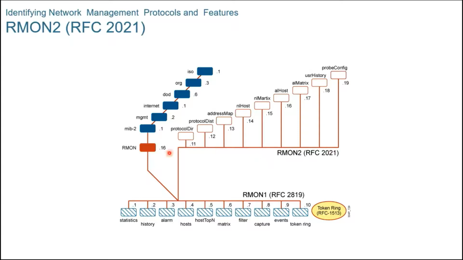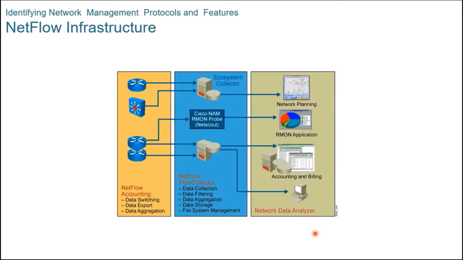So this includes protocol directory, distribution, mapping, network layer host, network layer matrix, the application layer host, the application layer matrix, the user history collection, and probe configuration.